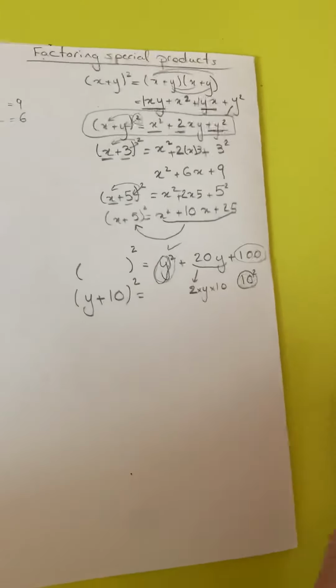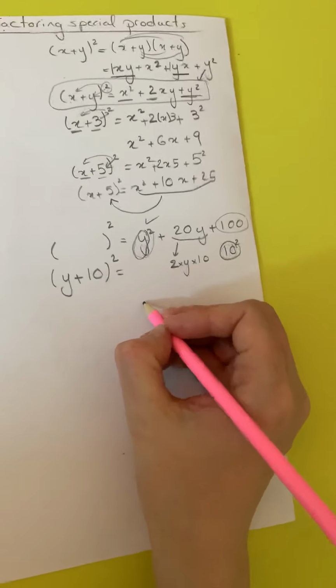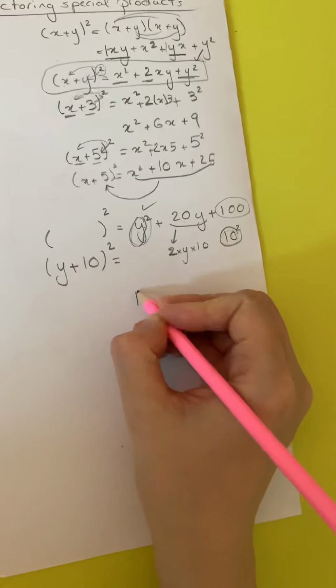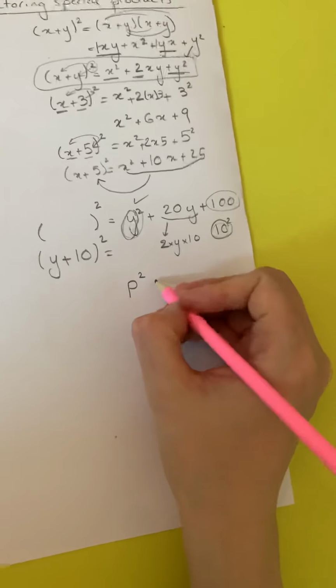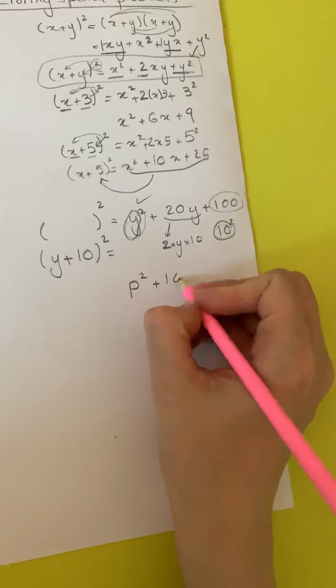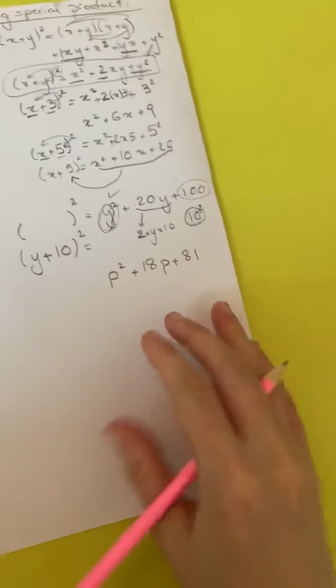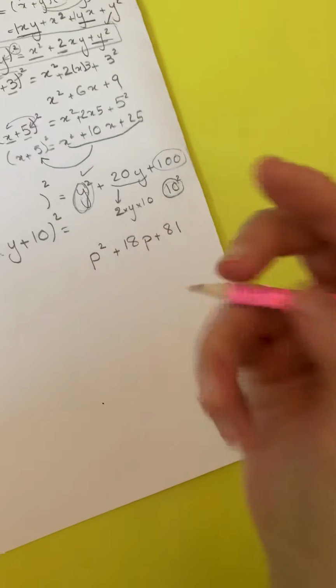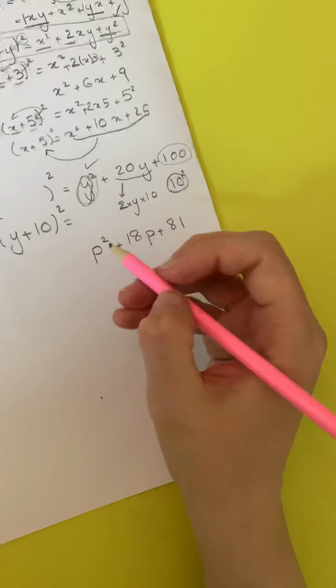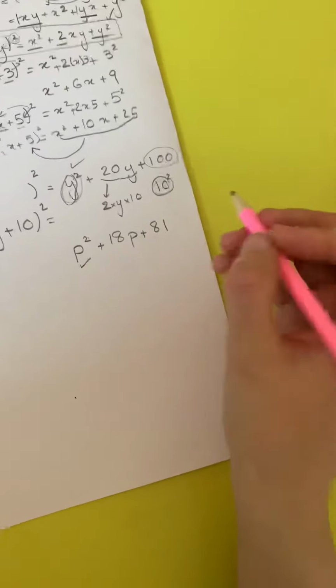Let me show you another example. Let's say, for example, you have p power 2 plus 18p plus 81. So first you think, I need the first power 2, p power 2, it's here, yes.